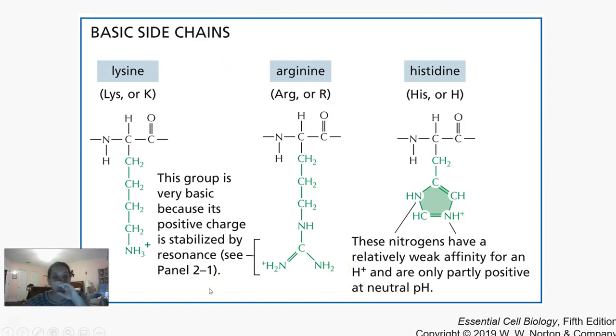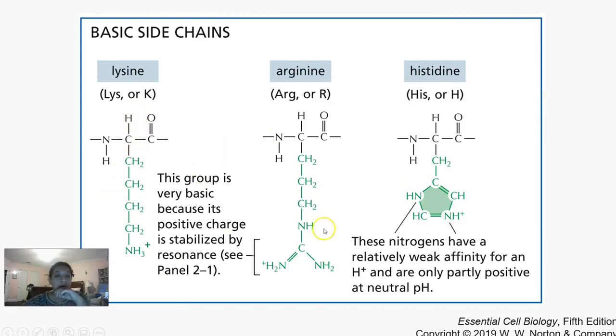So for each one of these categories, I'm just going to show you some amino acids that are the important amino acids that are part of it. So amino acids with the basic side chains, and we expect you to know these, are lysine, arginine, and histidine. These are all going to be basic under a neutral pH.